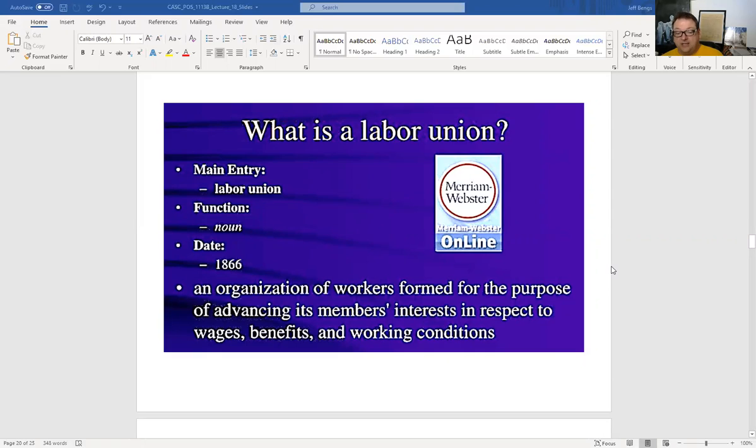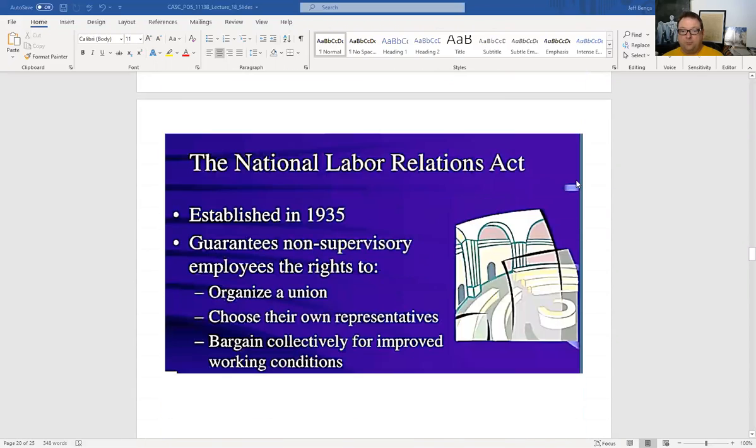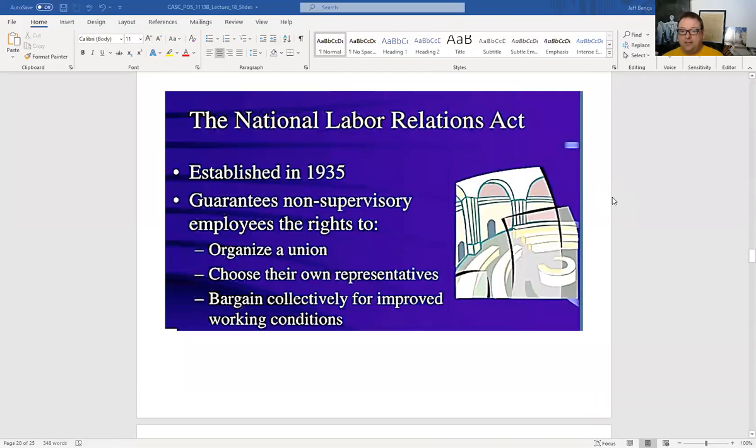That helped income level because unions could bargain for better wages or better working conditions. Unions had the power to influence their companies if they went on strike. So labor unions were an important component to income level increasing.